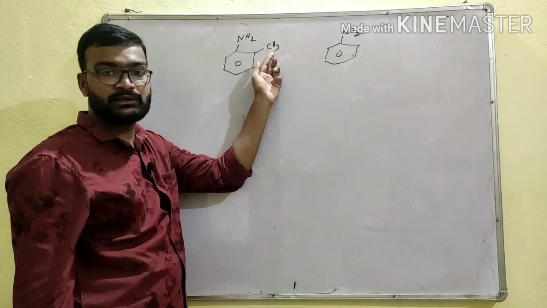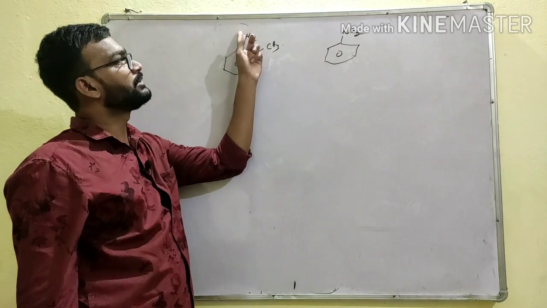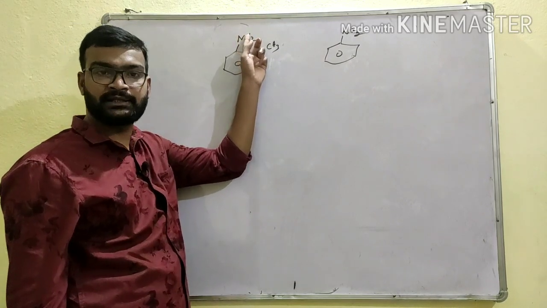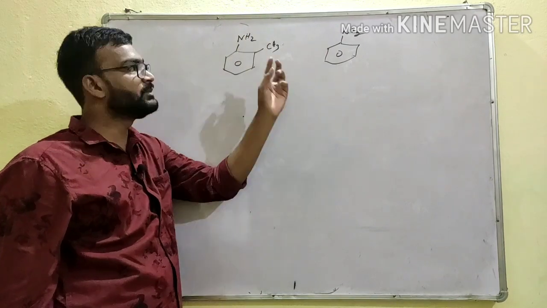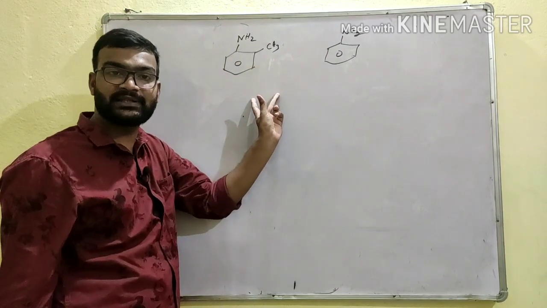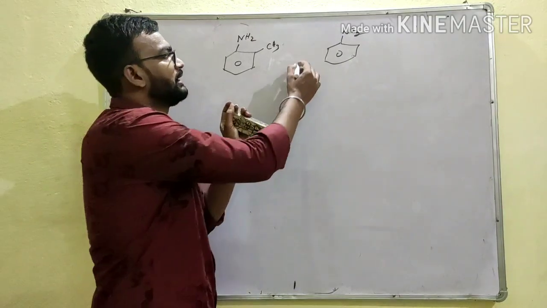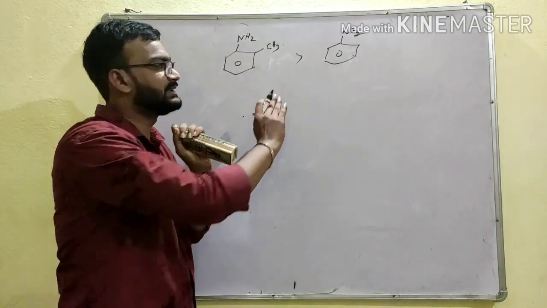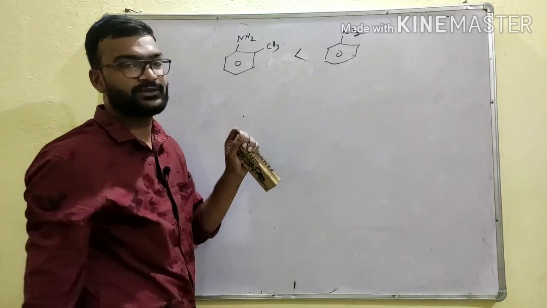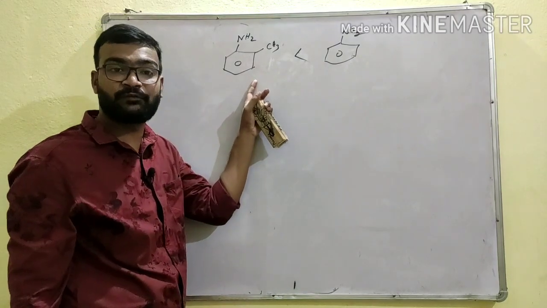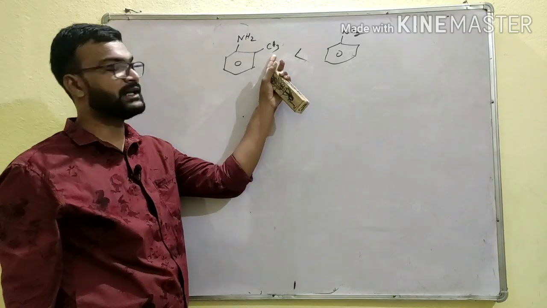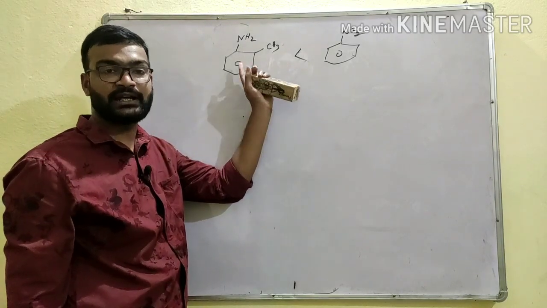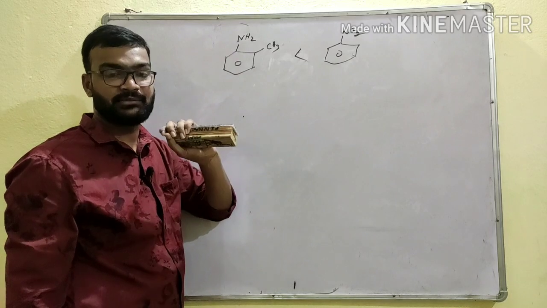If it donates electrons to the system, the electron density on the nitrogen will increase, so the tendency to attack H plus will be more. So this should be more basic than normal aniline, but this is not so. That is what I called the ortho effect of aniline. Any group you put at the ortho position of aniline makes it less basic.